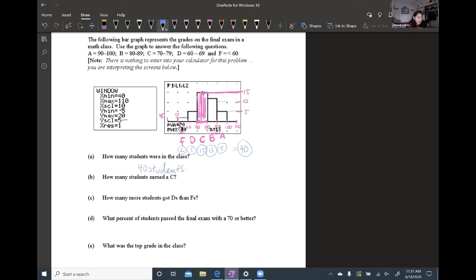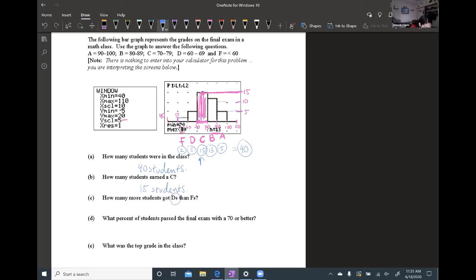Okay, how many students earned a C? A C, so it's that bin right there, which is 15 students. Now, how many more students got D's than F's? So first, how many got D's?